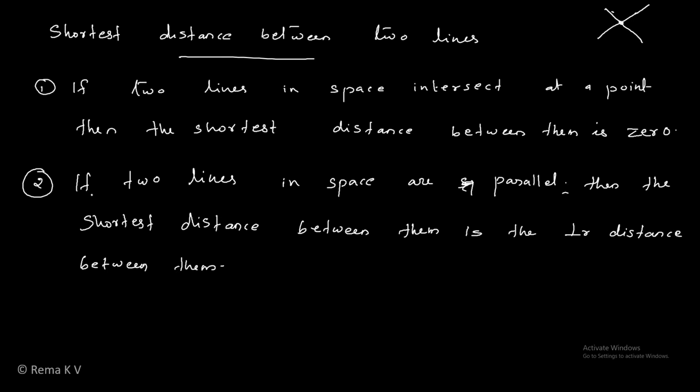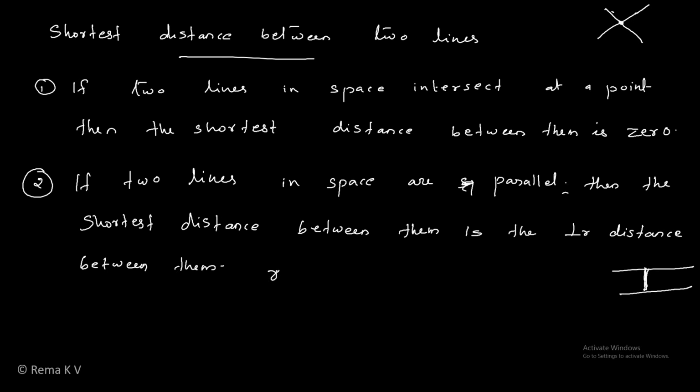See, if two lines in a space are parallel, then the perpendicular distance between them is the shortest distance. And we can find it.